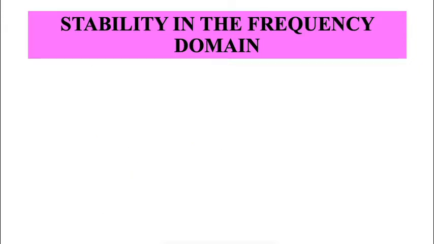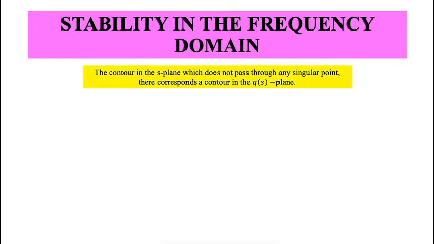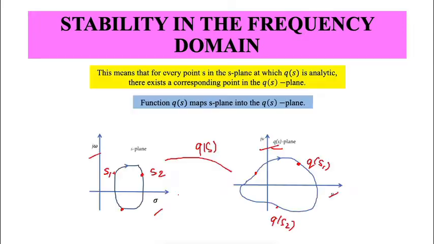So that is what a contour in the S plane does, one which does not pass through any singular point. There exists a corresponding contour in the Q(s) plane. The contour is like this, it is entirely mapped, which I take here, right?